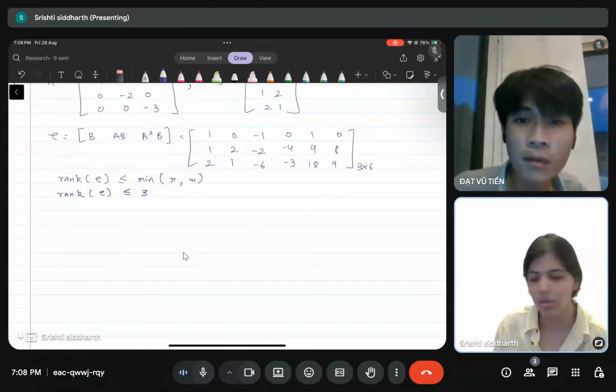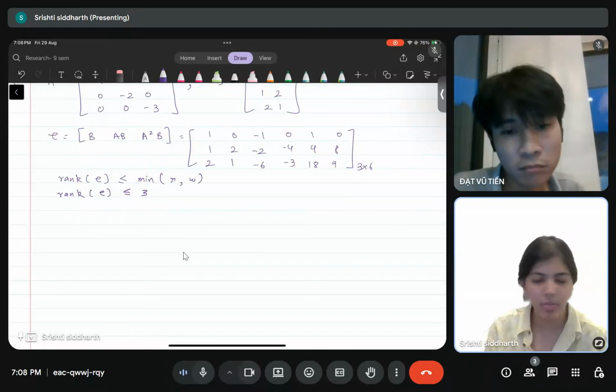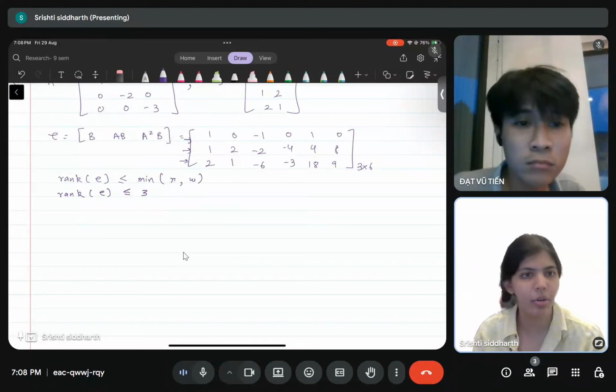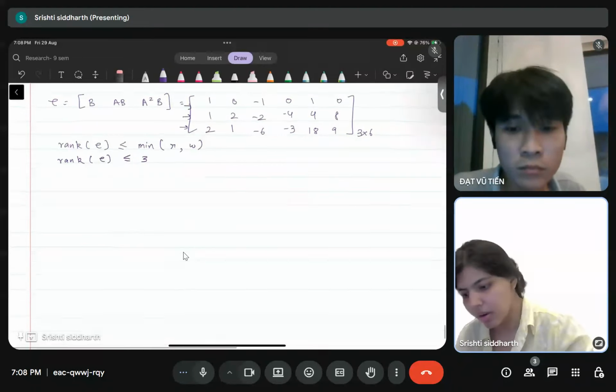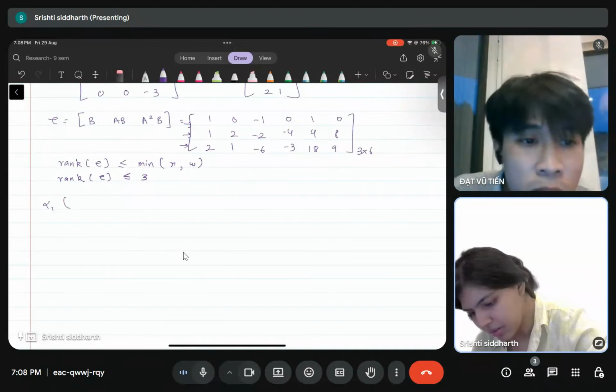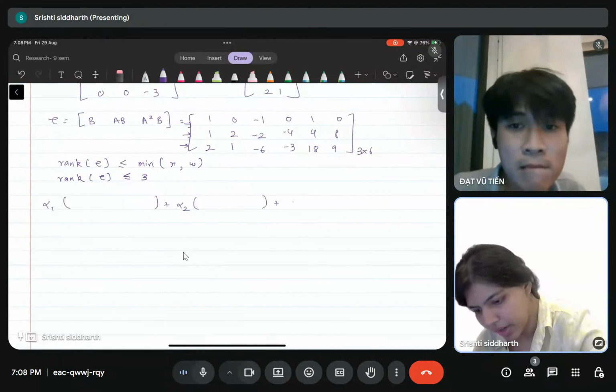And we have 3 states also. So we need to find 3 independent columns, or what you can do is find out if these are 3 independent rows, right? So how do you do that? Let's say alpha 1 times the first row, alpha 2 times the second row, and alpha 3 times the third row.